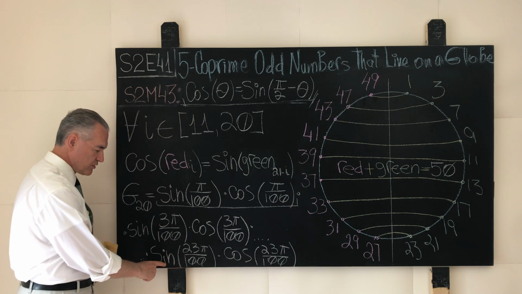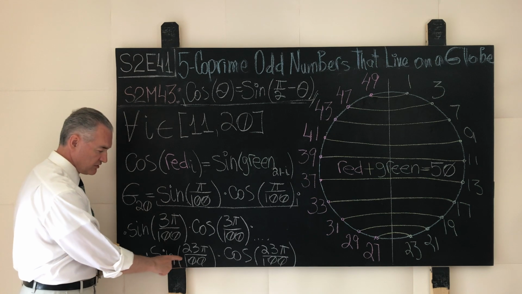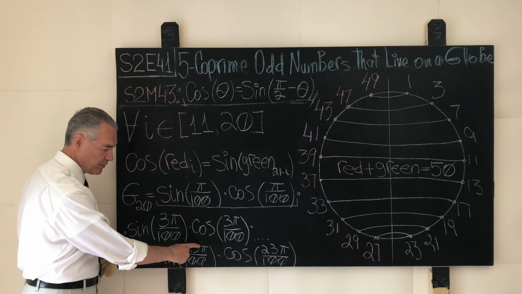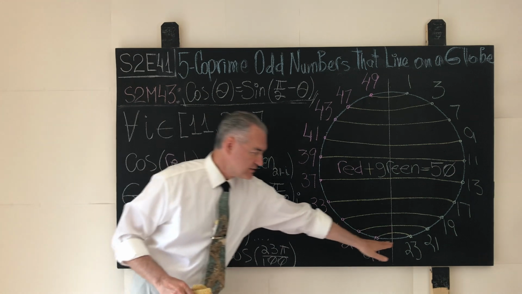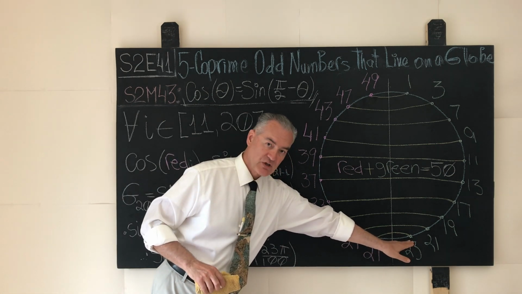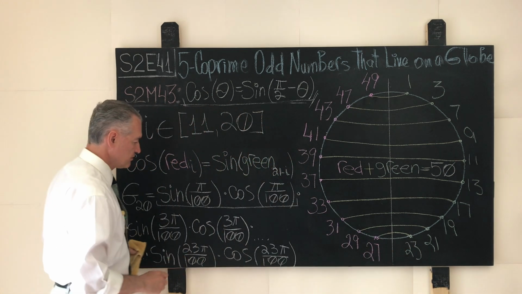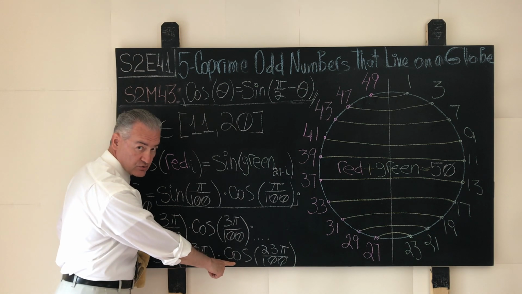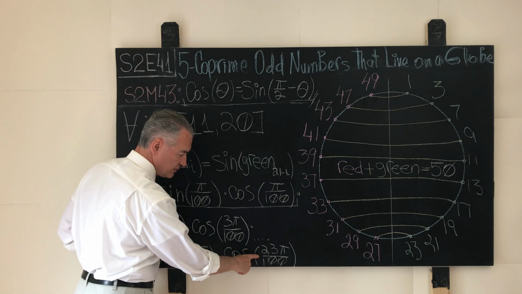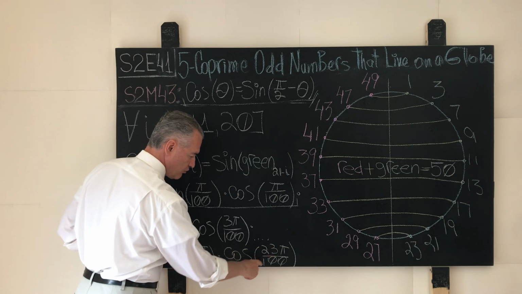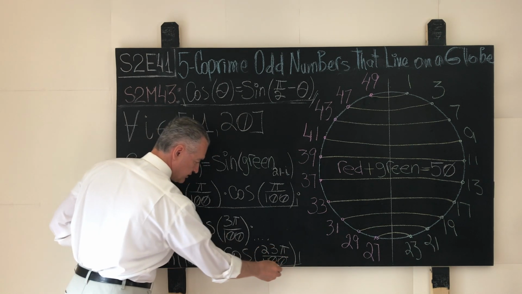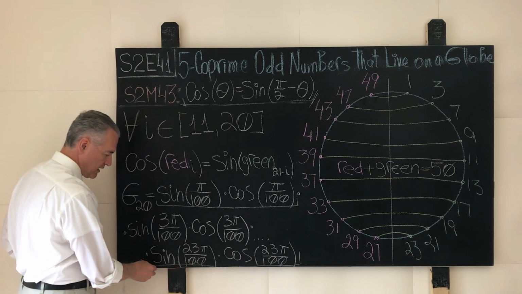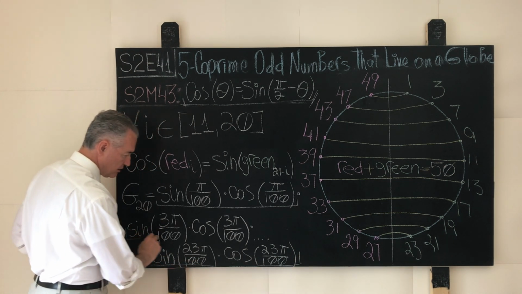It is the product of the sine evaluated at the argument 23 pi over 100, our logically last green number that lives in the green hemisphere, and the value of cosine evaluated at the argument 23 pi over 100. Again, all these numbers can be perfectly paired up that way.